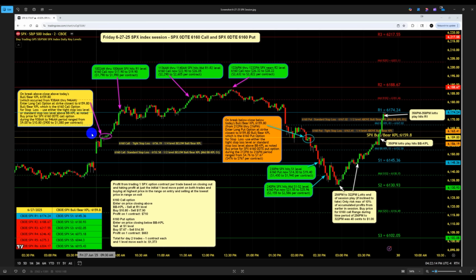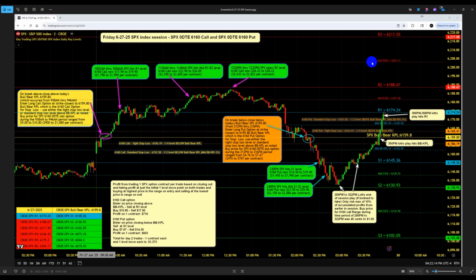The stop loss is in reverse on this, or just the same thing, just in reverse, below the bull bear key price level. If you were taking entries, let's say you took an entry up here, you would do the same thing up here. So if you want a tight stop loss, you would have a quarter level, which would be this level and this level added together, divided by 2. That would be your tight stop loss.